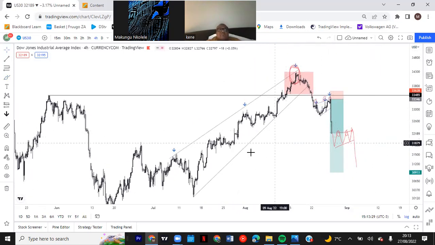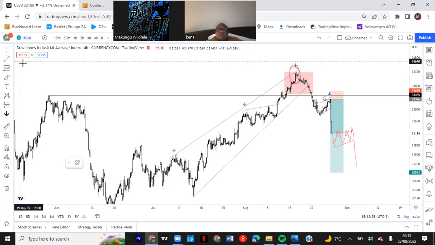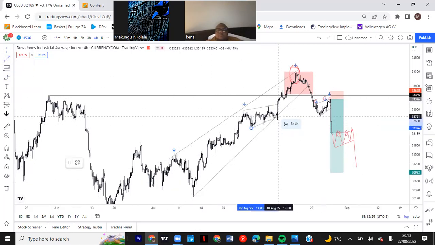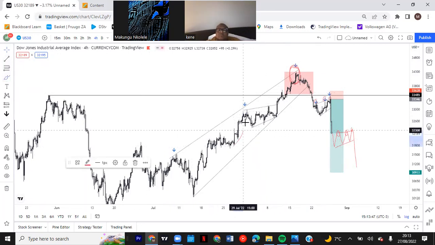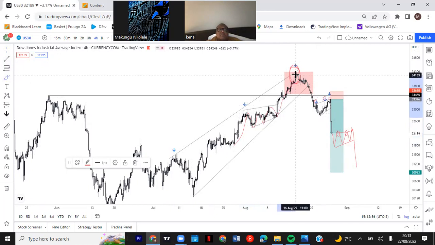So for you to confirm this 1 2 3 touch, I'm just going to show you what happened previously. As you can see right here, within the trend of the ascending structure, you had a correction right here. So I'm just going to use the drawing tool. You can see we had 1 2 3 touches before it bought to the third touch of the resistance.